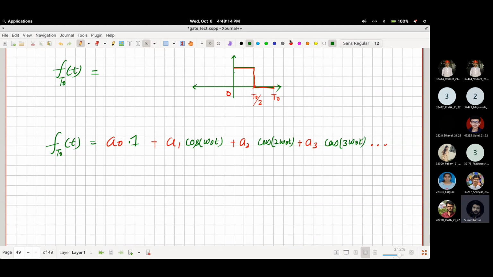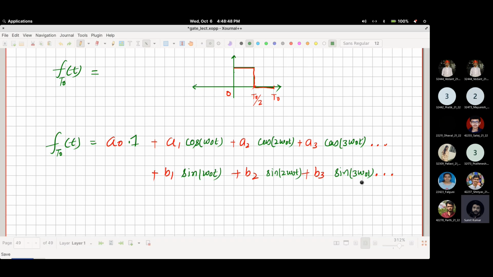Similarly we can write plus b1, plus b2, plus b3, and then dot dot dot, with sine omega naught t, sine 2 omega naught t, and sine 3 omega naught t, and it's going to continue forever. We have an infinite number of cosines and sines. Is this clear to everyone?